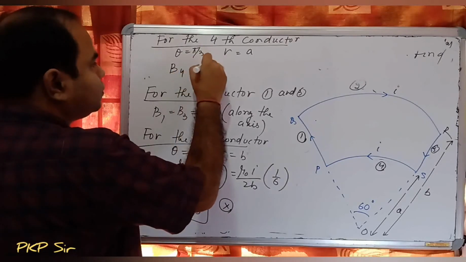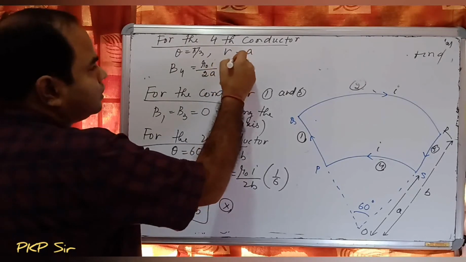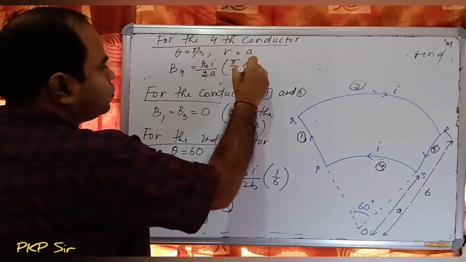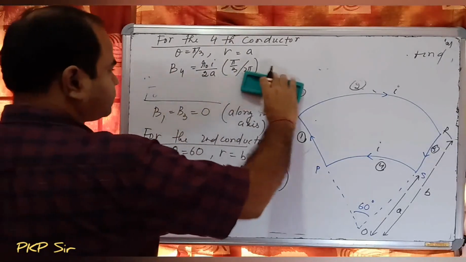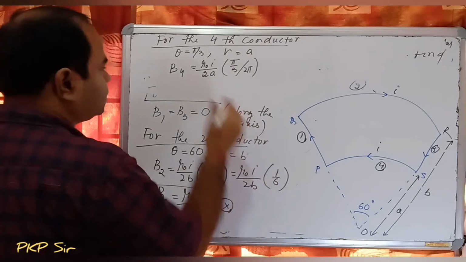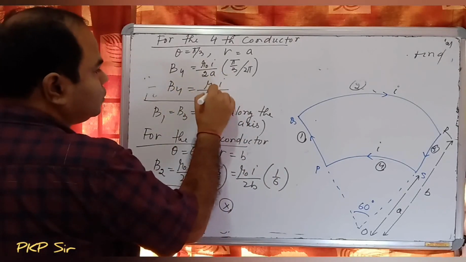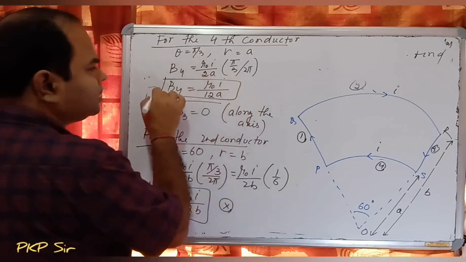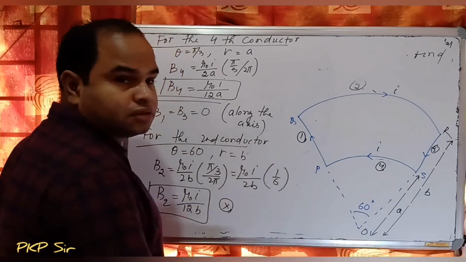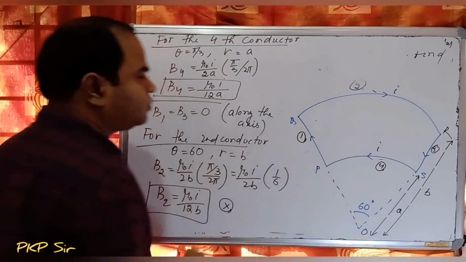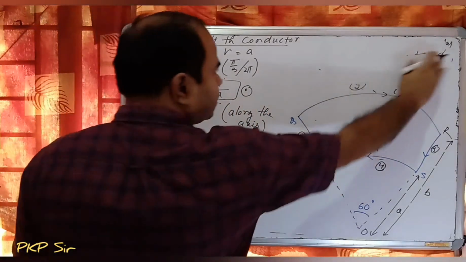So B4 is equal to mu naught I by 2a, times pi by 3 divided by 2 pi, which is mu naught I by 12a. What is the direction? The current is anti-clockwise, so the direction will be outward.